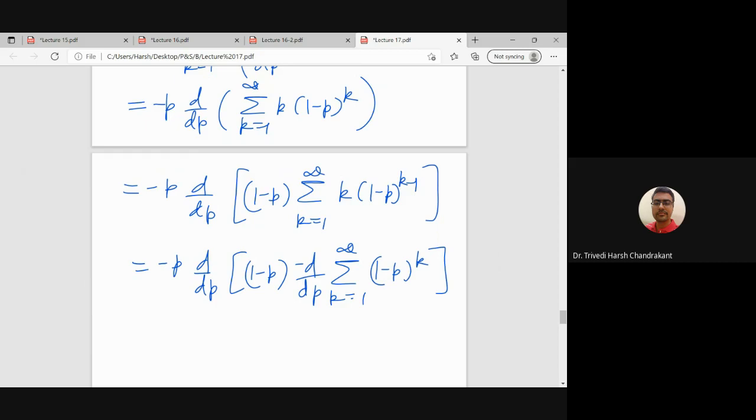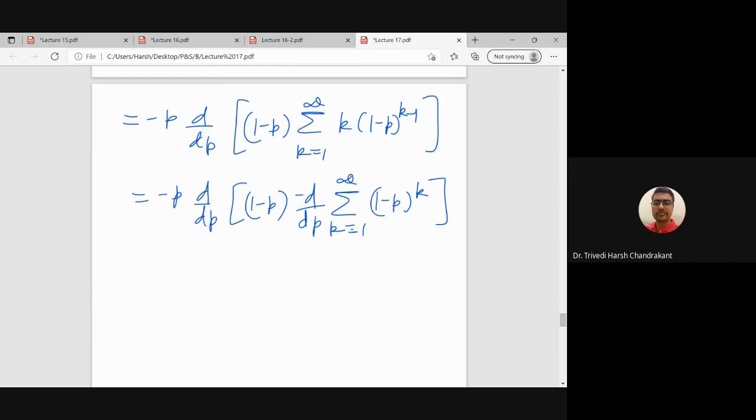Right? And if you want, you can write one or two steps in between. I'm doing two steps at a time. So first you can write it as a derivative formula, and then you can switch the derivative and summation. So all these things are in multiplication.